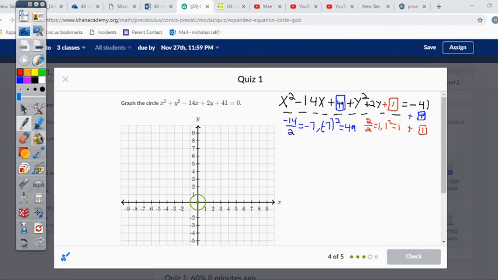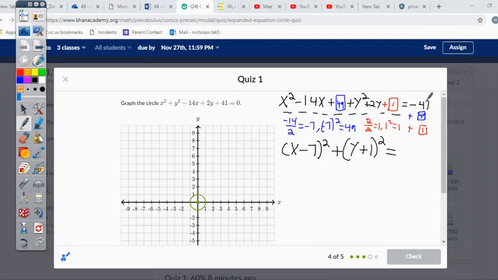So, getting this all out, we're going to have x minus 7 squared plus y plus 1 squared is going to equal -41 plus 49 plus 1.